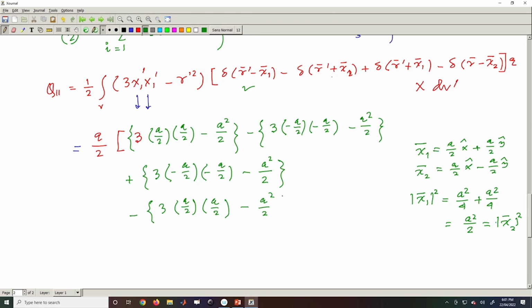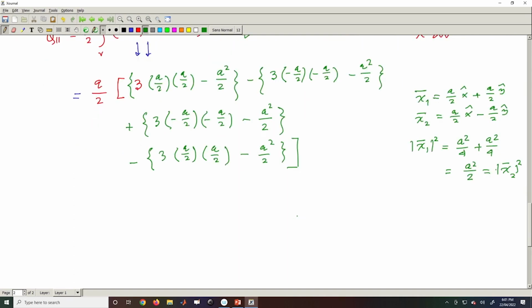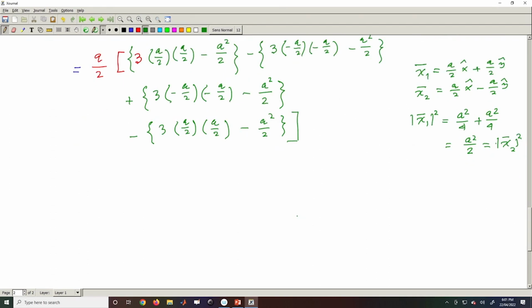So, all the 4 values I calculated, and now let us see what I get. Let us take 3 outside, 3q divided by 2, and then I get a term a square divided by 4 minus a square divided by 2.